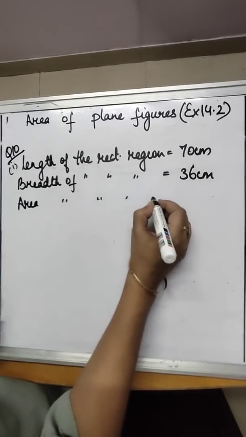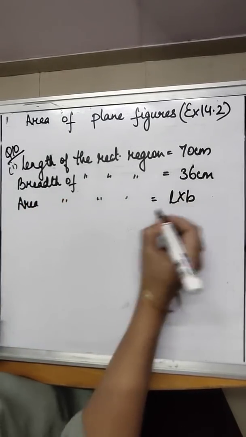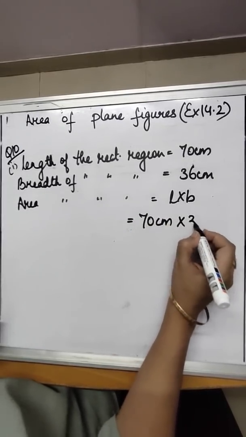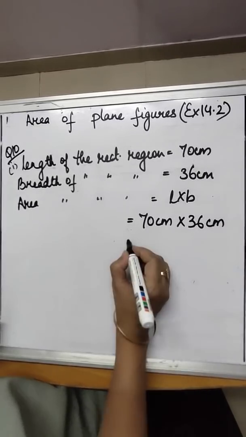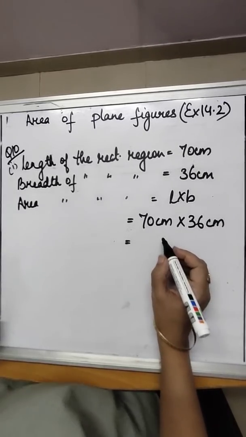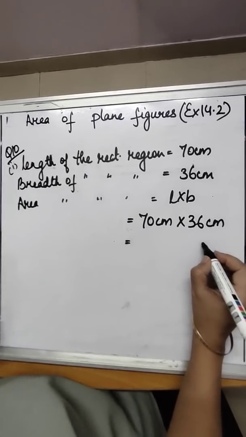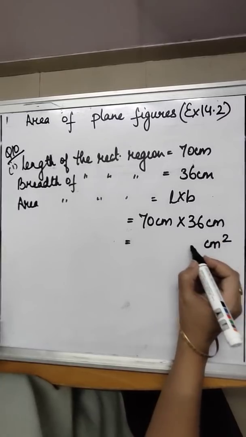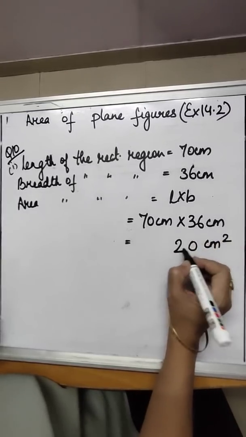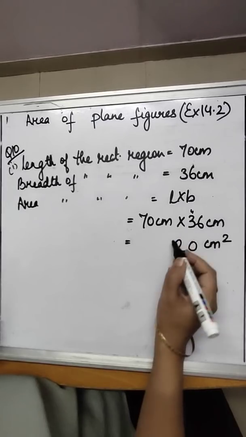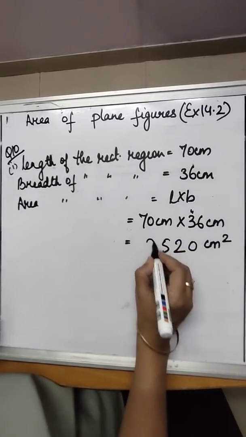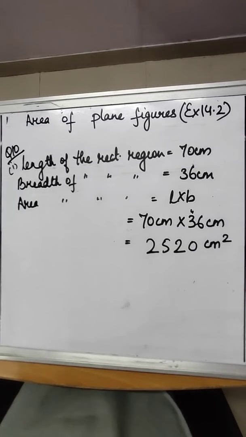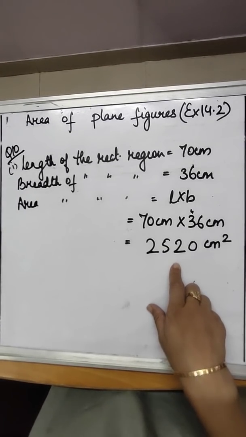Area of the rectangular region will be L into B. So it will be 70 centimeter into 36 centimeter. Now multiply the two values. Centimeter into centimeter will be centimeter square, and this will be 2520. This is the area of the rectangular region.